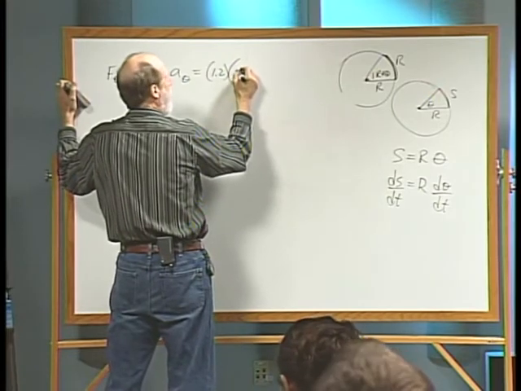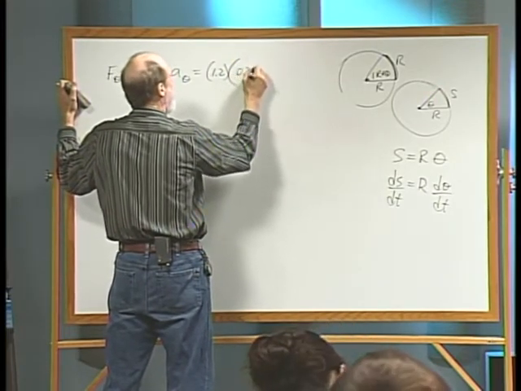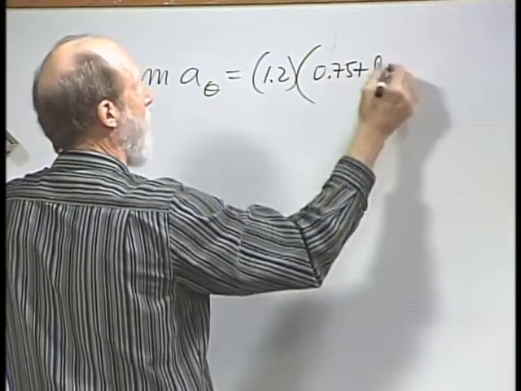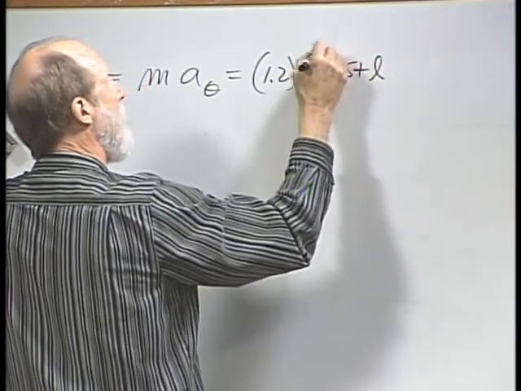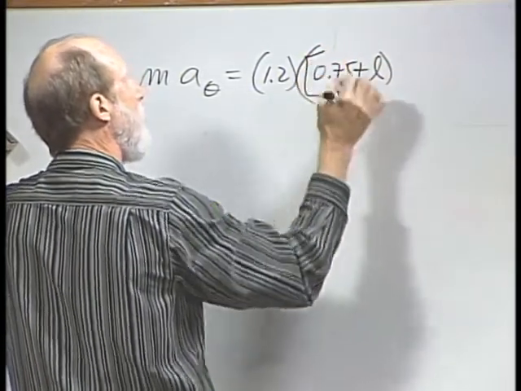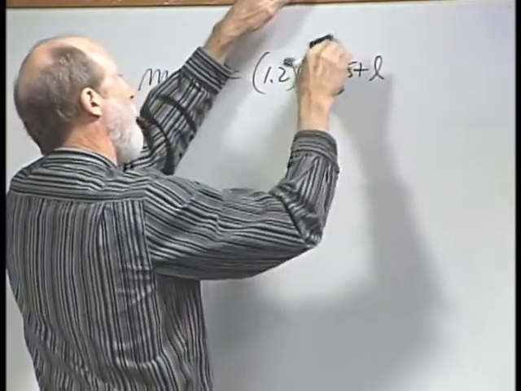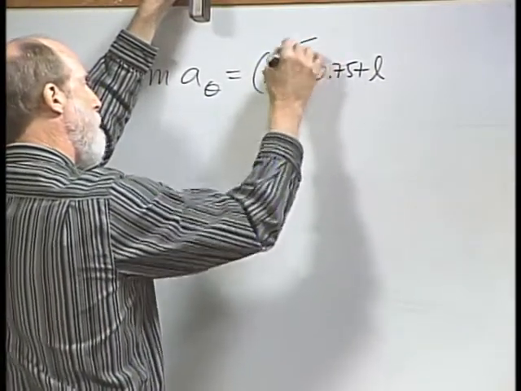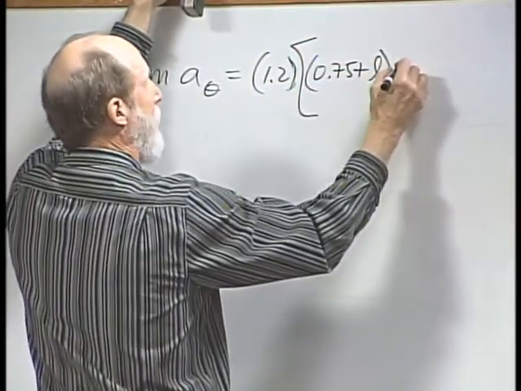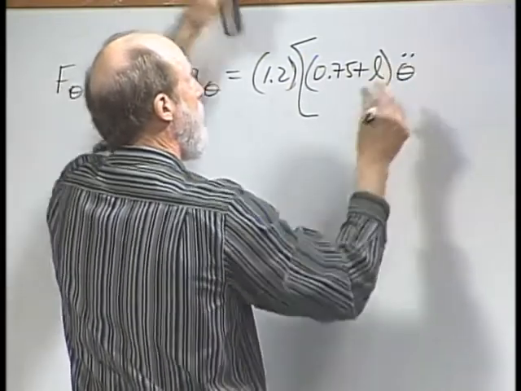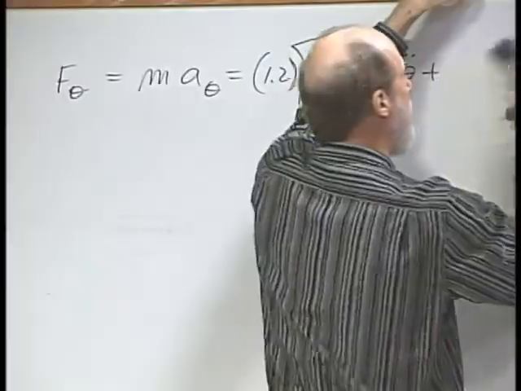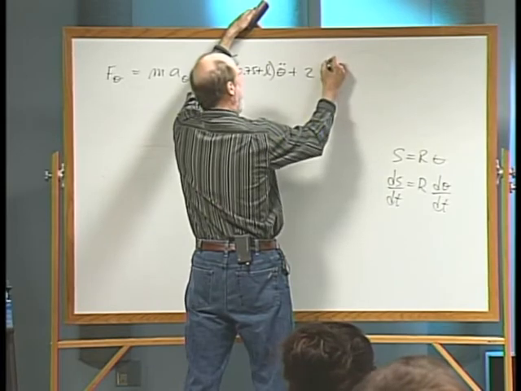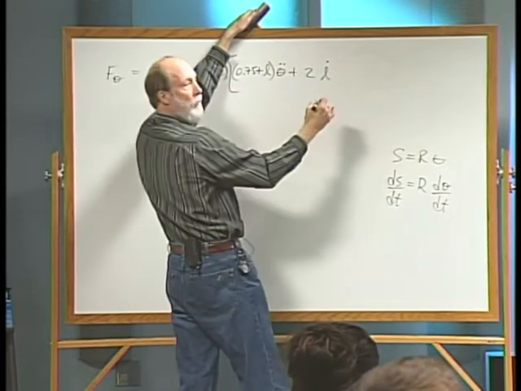So that's going to be our entire L, which is 0.75 plus L, times theta double dot, plus the Coriolis term. Coriolis term was 2 r dot, and r dot is L dot, times theta dot.